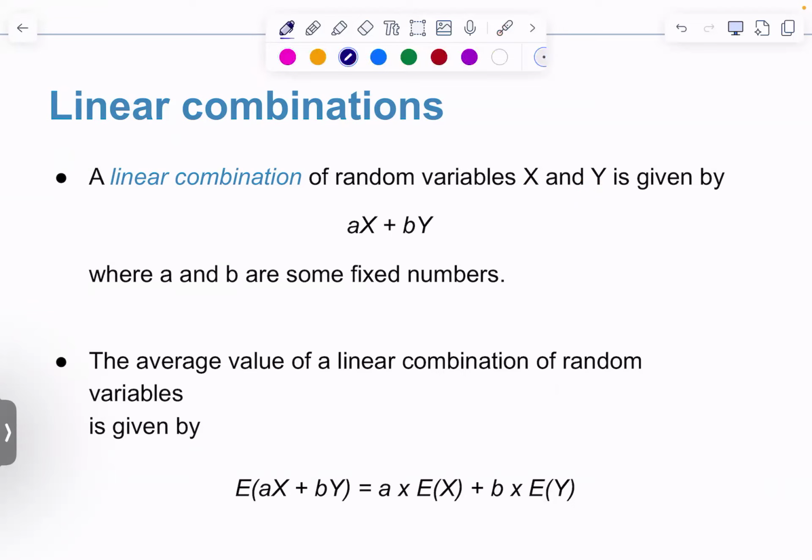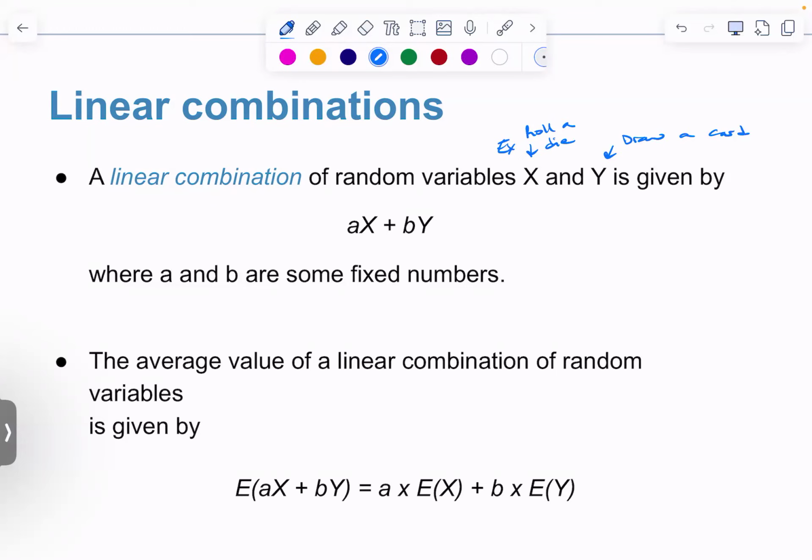For example, if X is roll a die and maybe Y is draw a card, just combining 2 things.